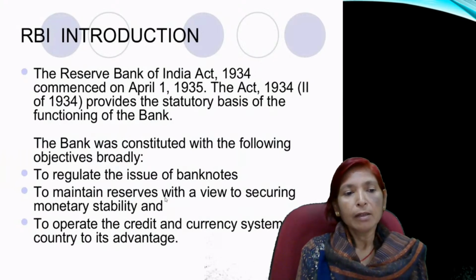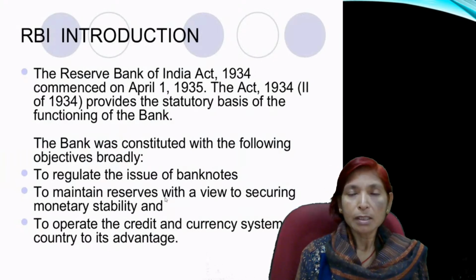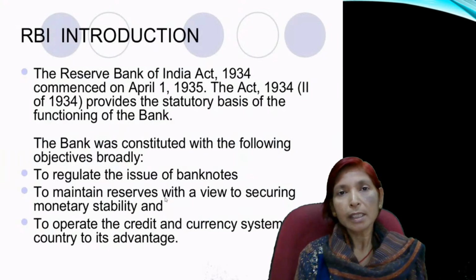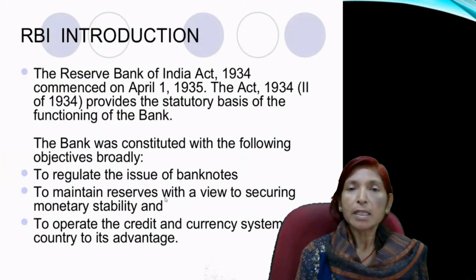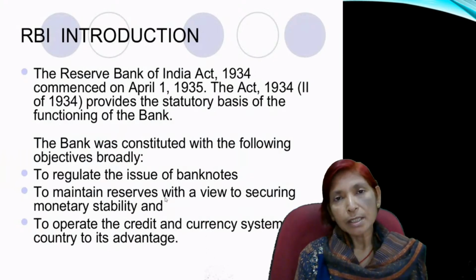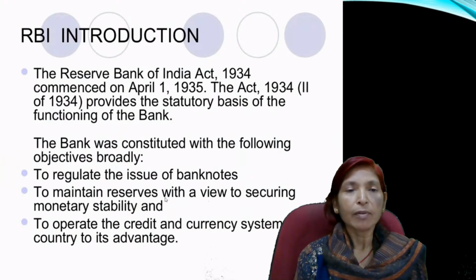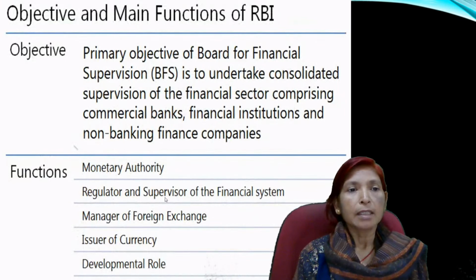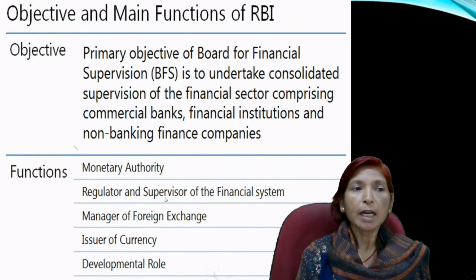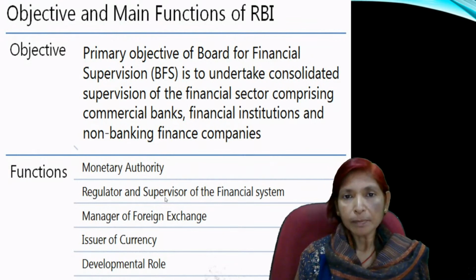So the main purpose of RBI is to regulate the whole currency of the country, to maintain the minimum reserve required for issuing paper currency, and to operate the credit and currency system of the country to its advantage. The primary objective of RBI is financial supervision.